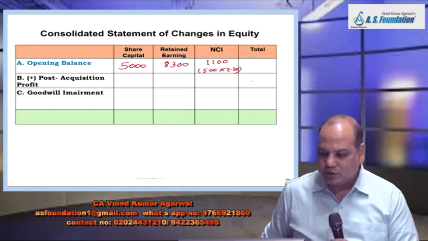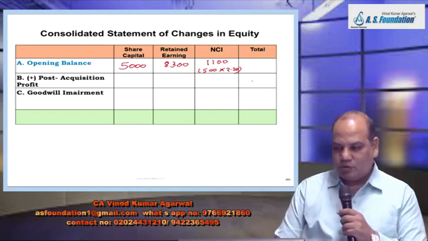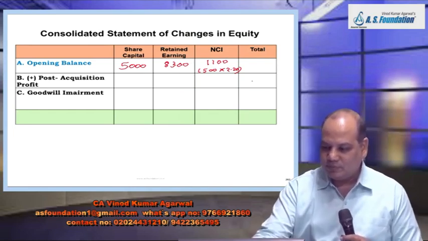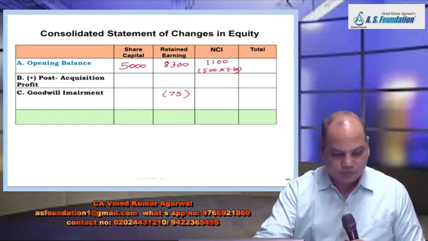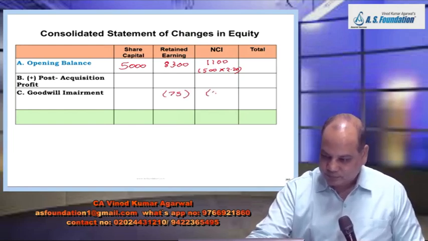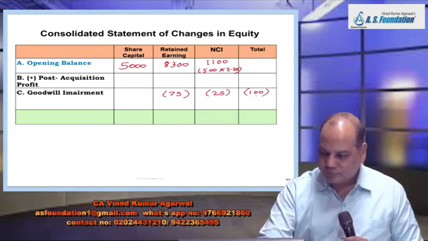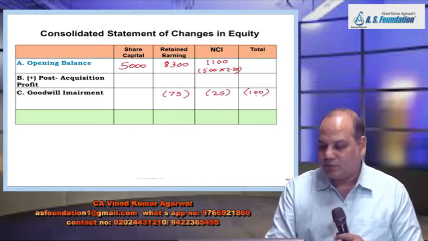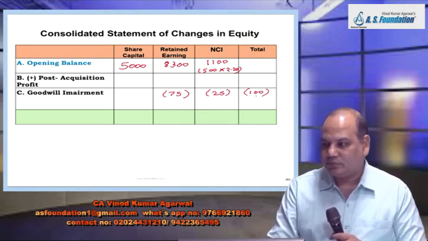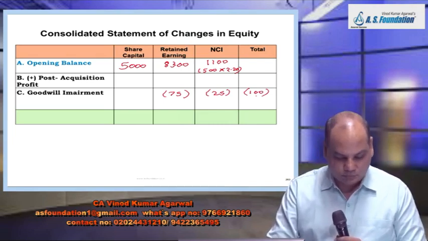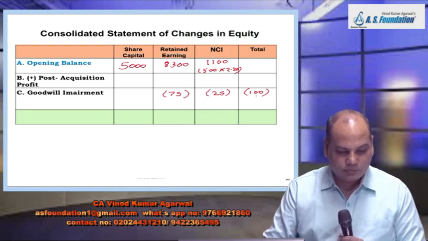Consolidated statement of changes in equity, goodwill impairment. Retained earning column 75, NCI column 25, total column 100. 75%, 25%. All adjustments are over.